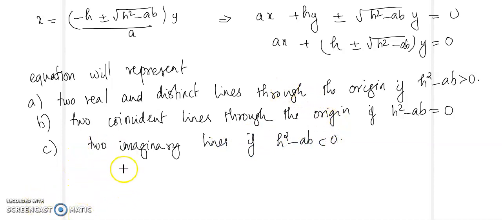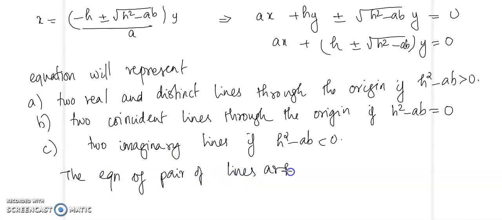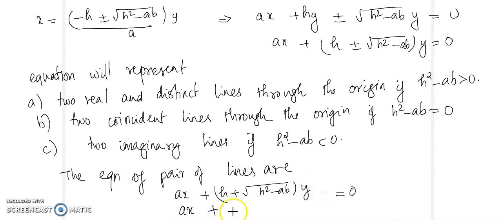So in each case, the equation of the pair of straight lines is ax plus h plus root of h square minus ab y equal to 0, or ax plus h minus root of h square minus ab y equal to 0.